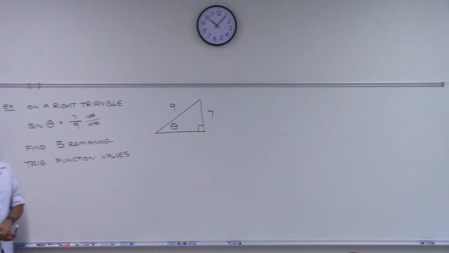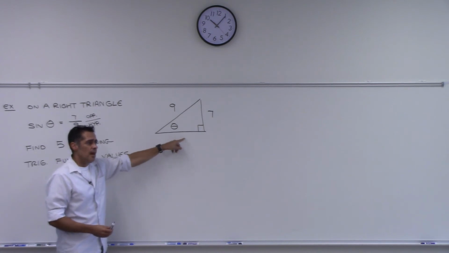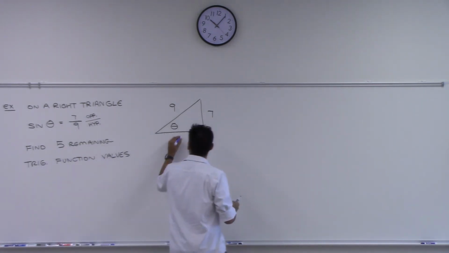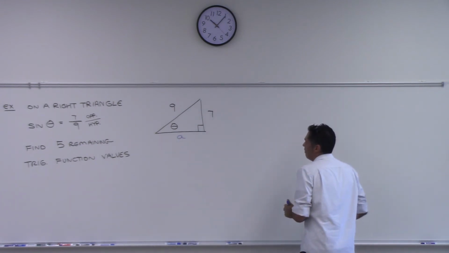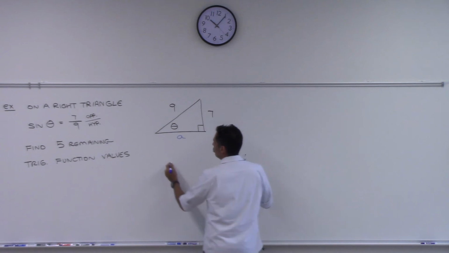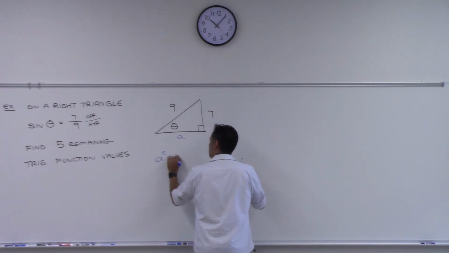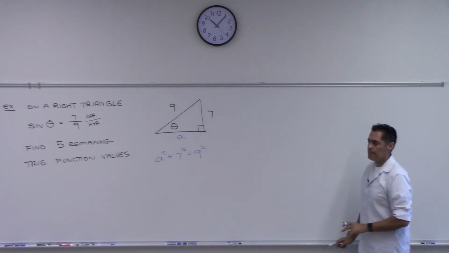And now what? Go find that missing side, right? Go find the missing A. And then we'll be right back where we were on the previous problem. So let's figure out what A is. A squared plus 7 squared equals 9 squared, right?